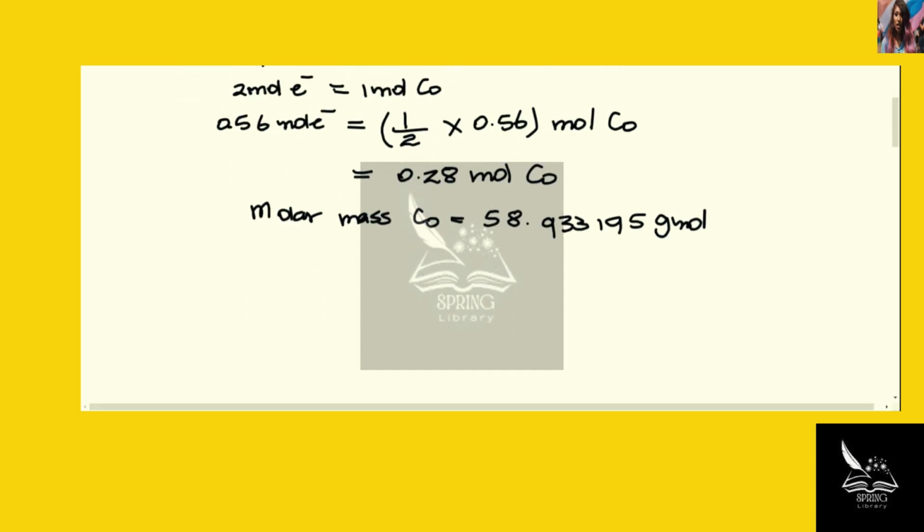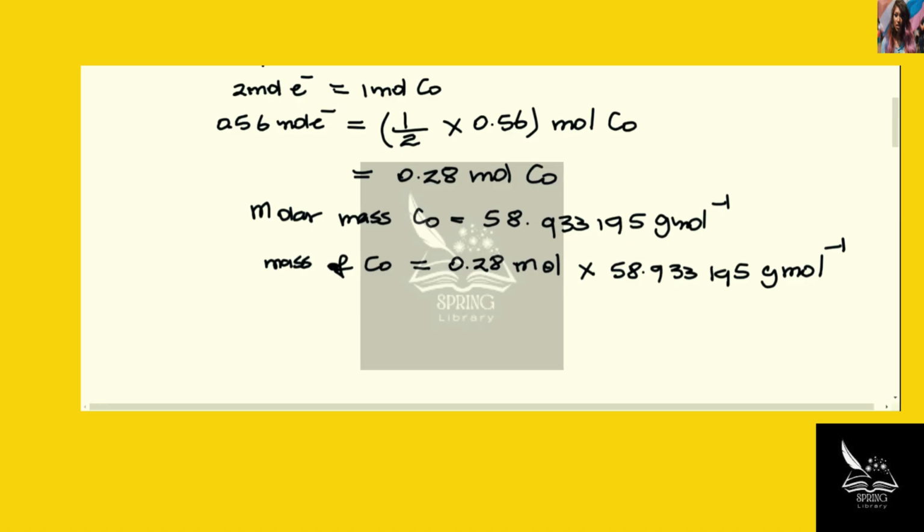So therefore, mass of cobalt produced is equal to number of moles, which is 0.28 moles, multiplied by the molar mass, which is 58.933195 grams per mole, and that is equal to 16.5 grams. Therefore, 16.5 grams of cobalt was produced.